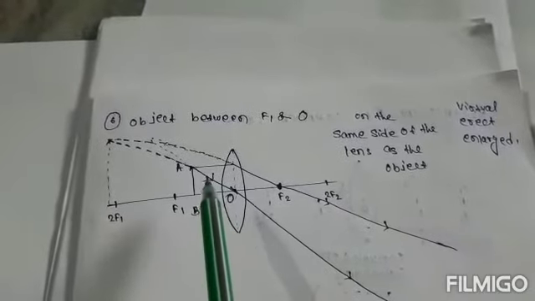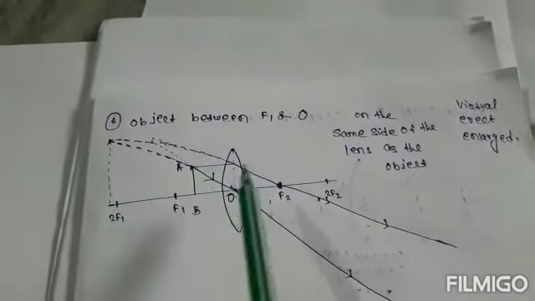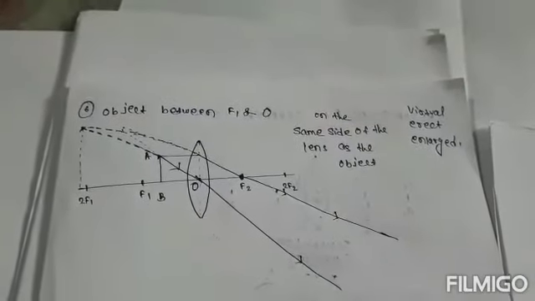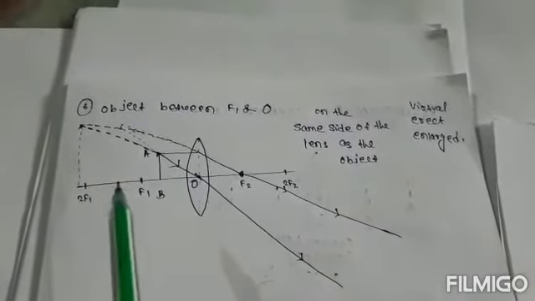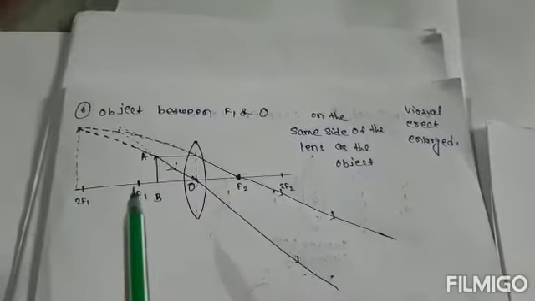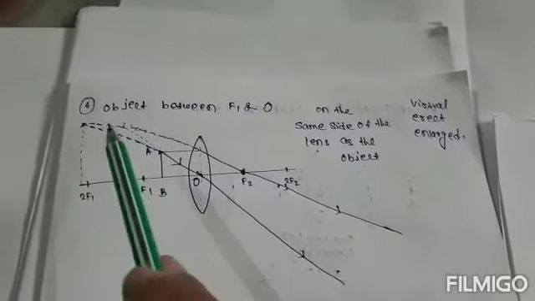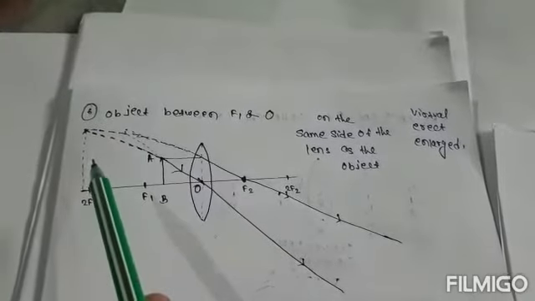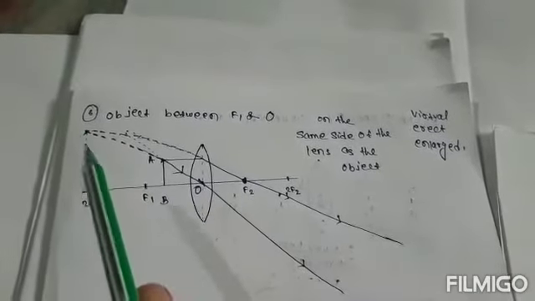But if we extend these refracted rays backward, then these two rays meet at the same side of the lens as the object. So the image is formed on the same side as the object, and the image is virtual, erect, and enlarged.